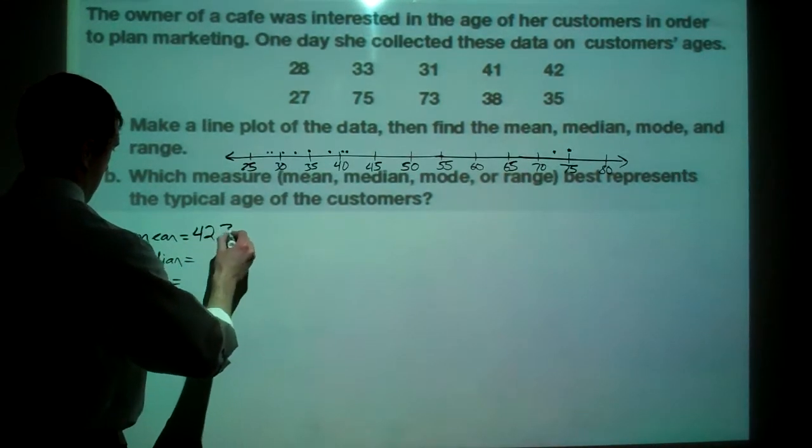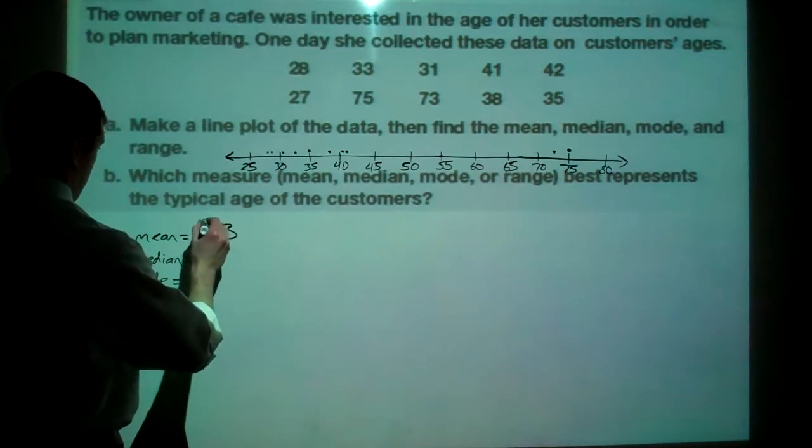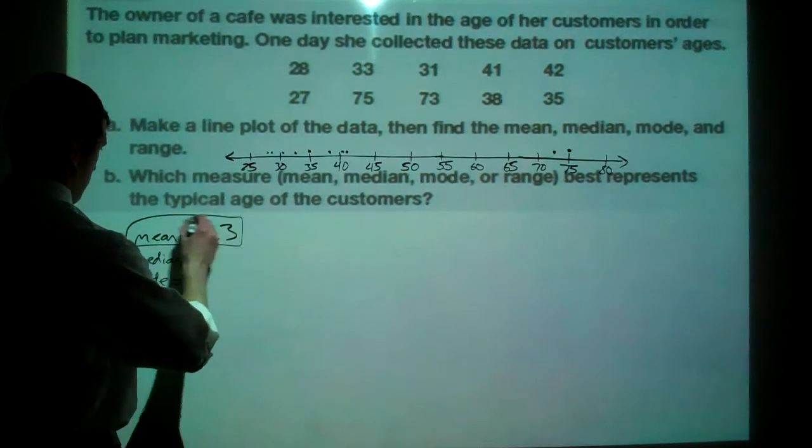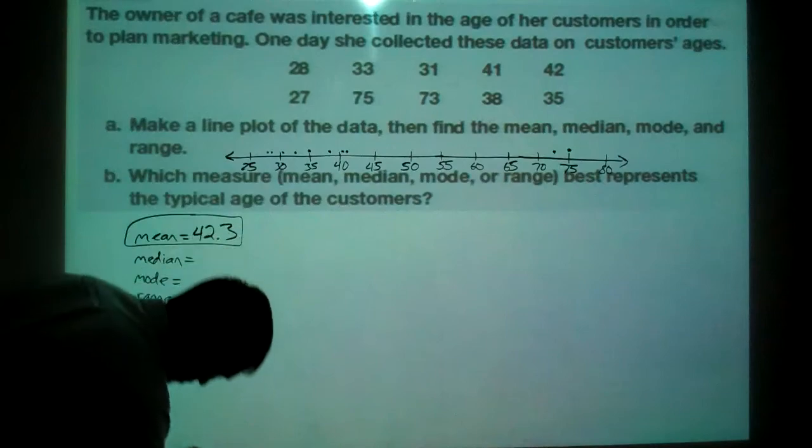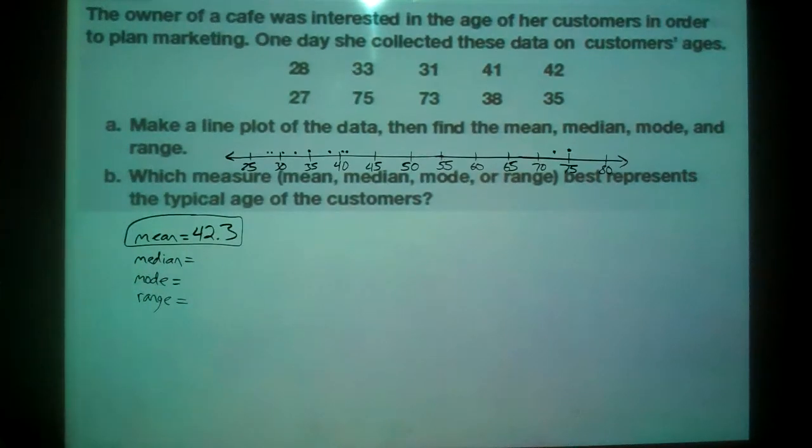I'm confident in your adding and dividing skills. So, mean, 42.3 about. Let's look at the median. Median, that's when we order the set of data, and then we pick out the middle number.